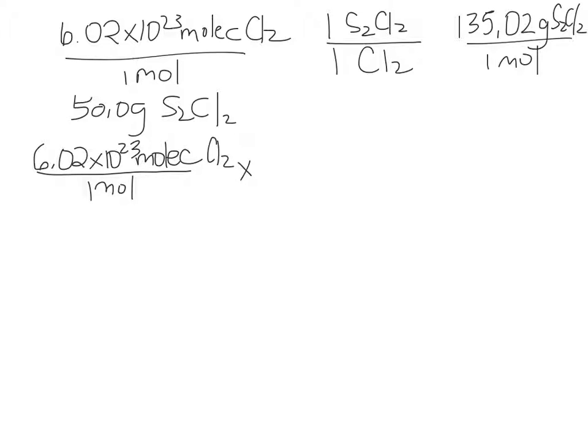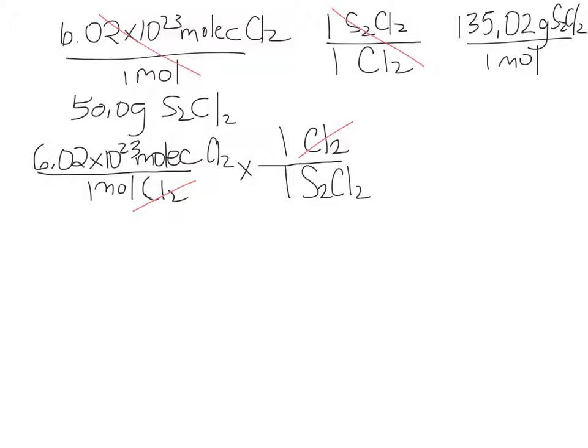But this has moles of Cl2 on the bottom, so we need to get rid of moles of Cl2. But we know there's 1 mole of Cl2 for every 1 mole of S2Cl2 in our balanced chemical equation. So now we've used our mole ratio. We want chlorine on the top, because chlorine is on the bottom in the first ratio.